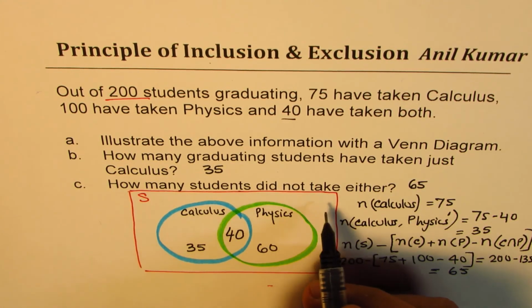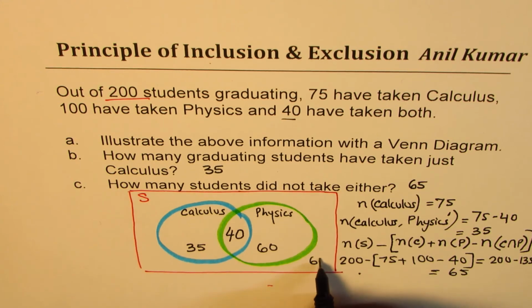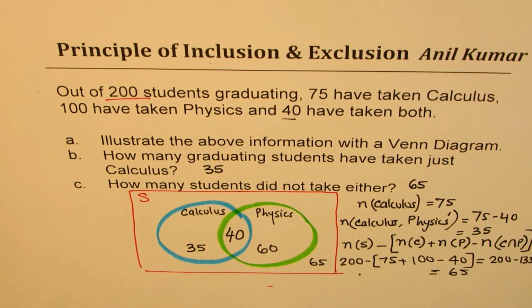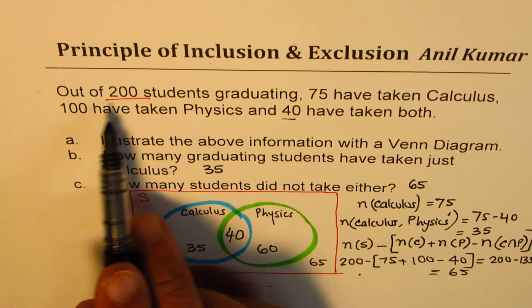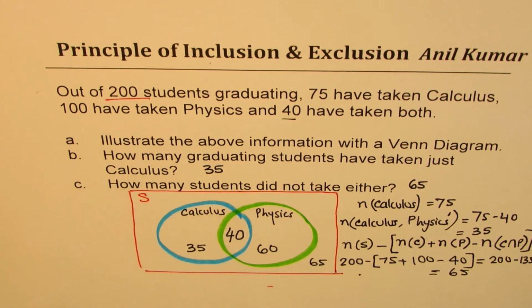So we can say the outside space has 65 students, and in total we get the sample space of 200, correct? So 65 plus 35 is 100, 40 plus 60 is 100, total is 200.